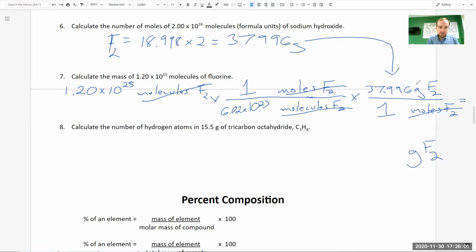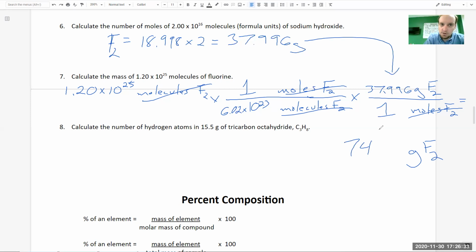So 1.20E25 times 1 times 37.996 divided by 6.022E23 times 1 equals 74 point, oops, no, that's not right.